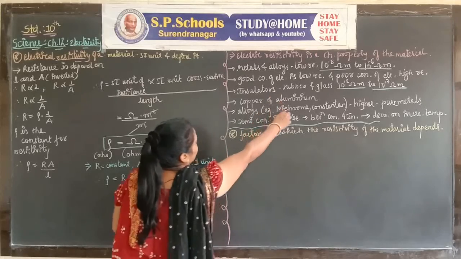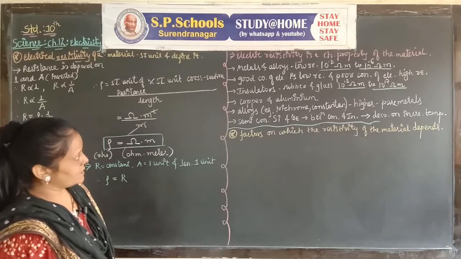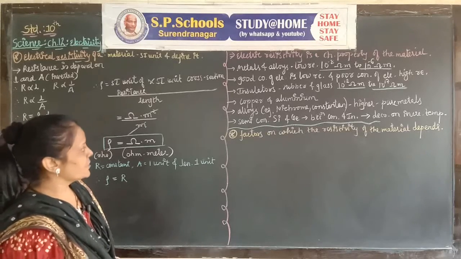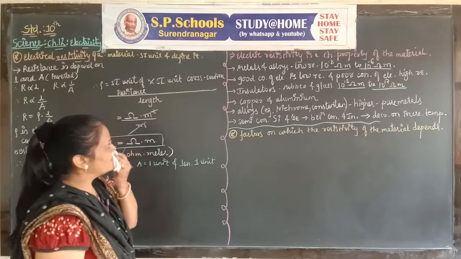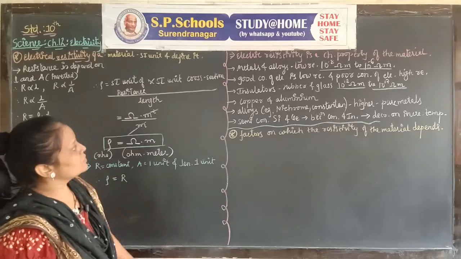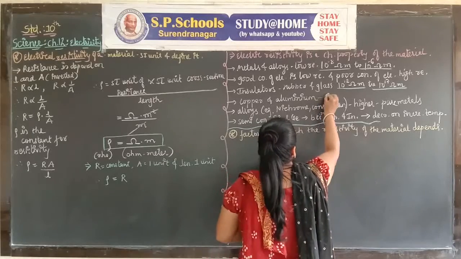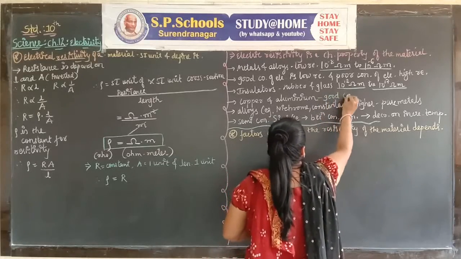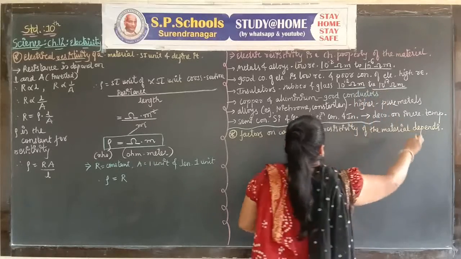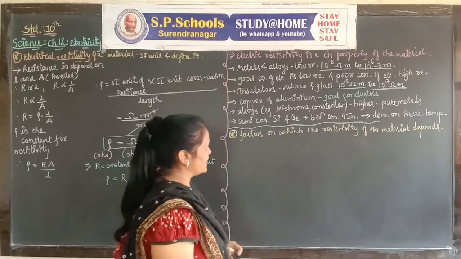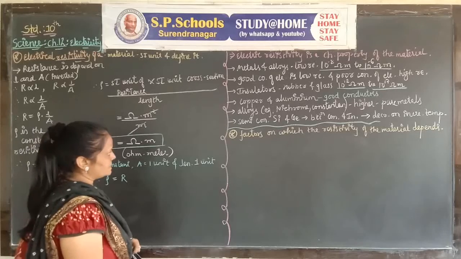So they are called poor conductors. High resistivity means poor conductor, low resistivity means good conductor. Copper and aluminum have low resistivity, so they are called good conductors, and in electric supply, wires of copper and aluminum are used for this reason.